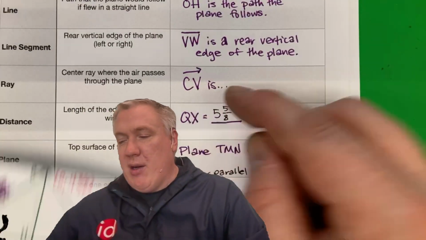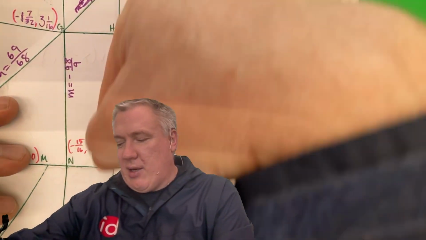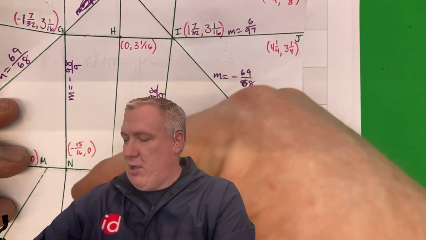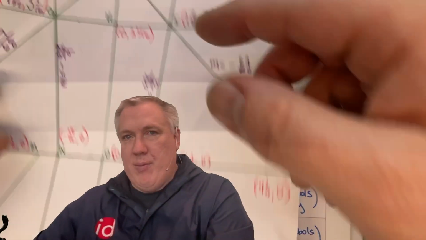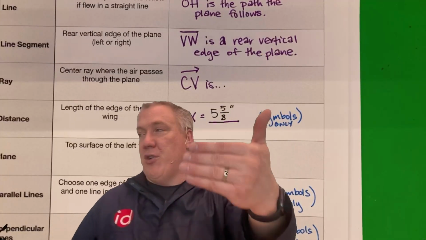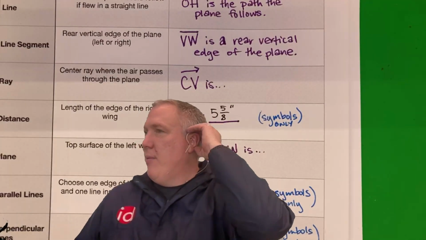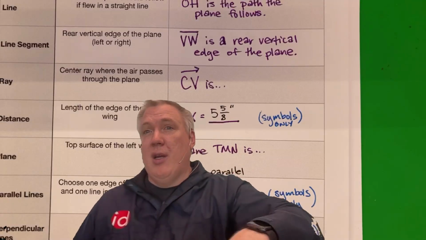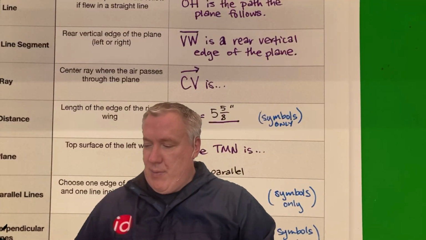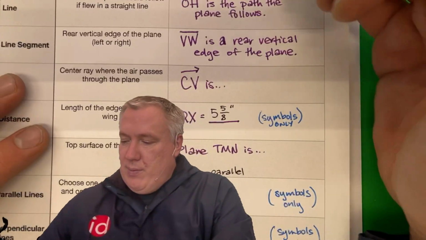But then the other letter can be any point that goes down where the arrow flows. So I could use H, O, and I chose to use V. But any of them work. But C has to be first, because that's where it first enters and hits the plane. Because a ray has a starting point. So you need to identify what the start is.